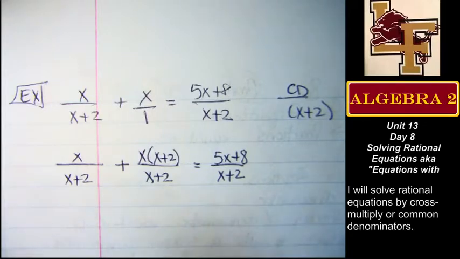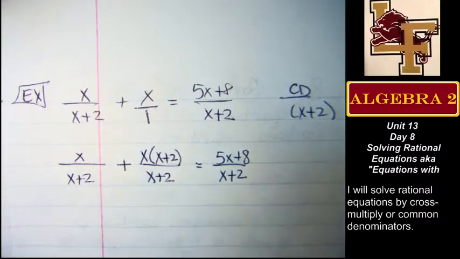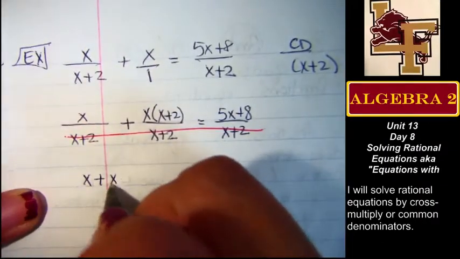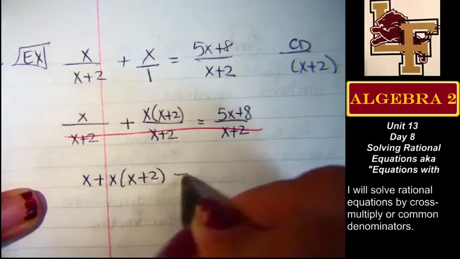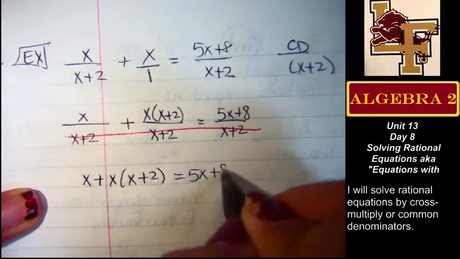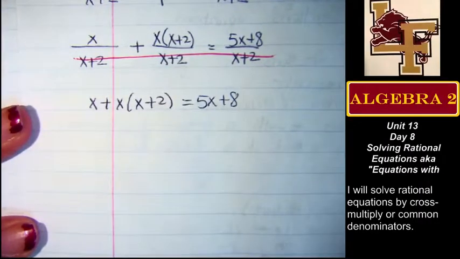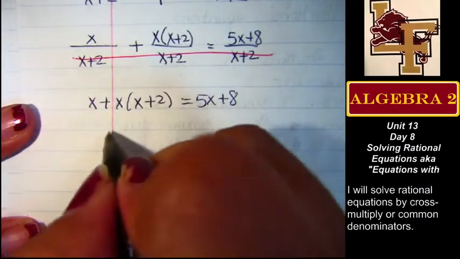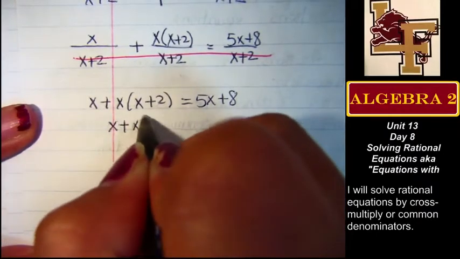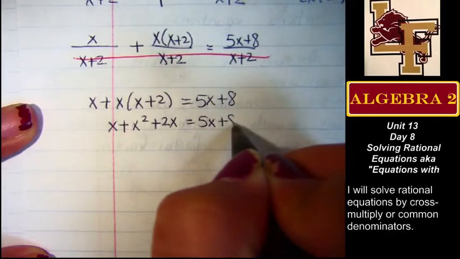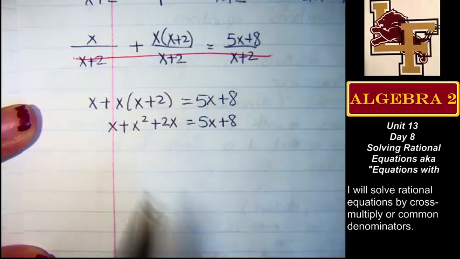All right, looking at the equation, all the denominators are the same, so I get to ignore them. And I'm going to rewrite my equation as this, which then I'm going to solve for x using any technique I can handle. I'm going to distribute first. I notice that it's a quadratic.